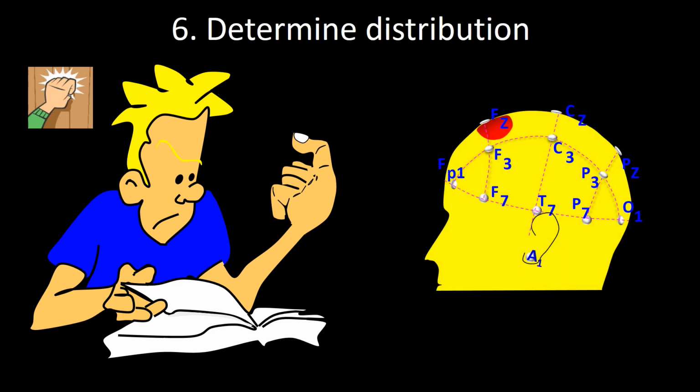K-complexes are maximally expressed in the frontal region and less often in the central region at the level of the midline. Or at times they involve a much wider area involving not only Cz but also Pz.